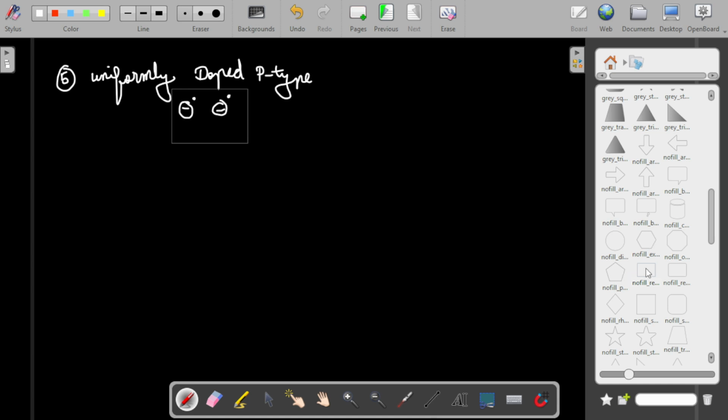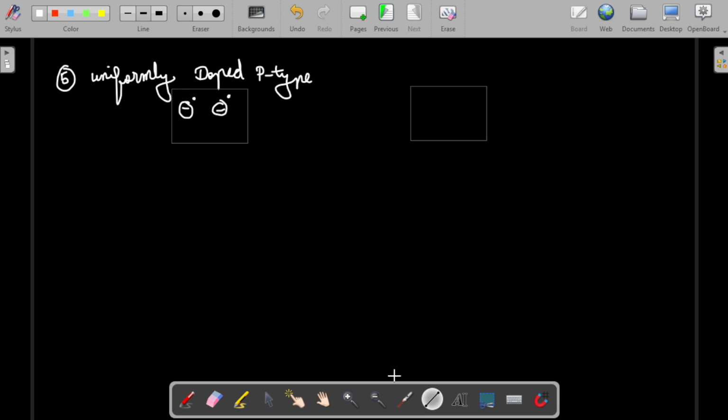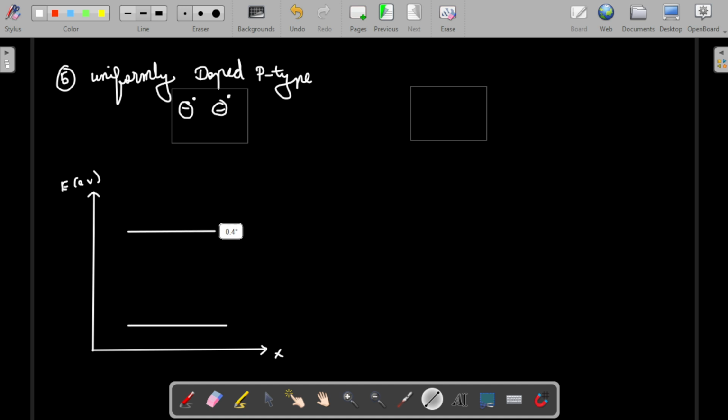So let me drag and drop another one. So let's take a graph. This graph is the energy band variation across the distance. This is X, this is E in electron volts. As you guys know, there will be no change in the energy bands. So this will be EV and this will be EC. Everything is similar. This is EFI, the intrinsic energy level.